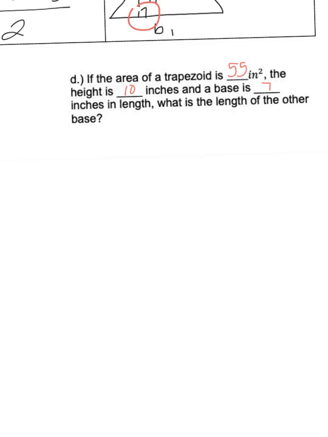For this guy right here, if the area of a trapezoid is 55 inches squared, the height is 10 inches, and a base is 7, what is the length of the other base? So we could say that H is 10, A is 55, and let's say that base 1 is 7.